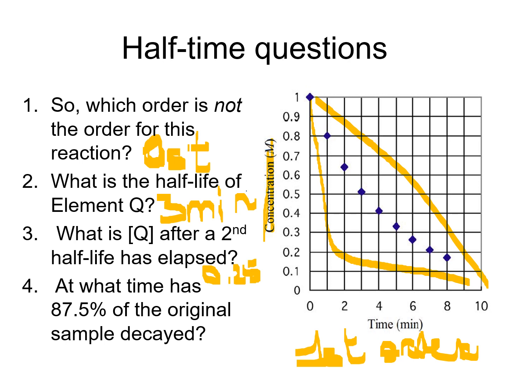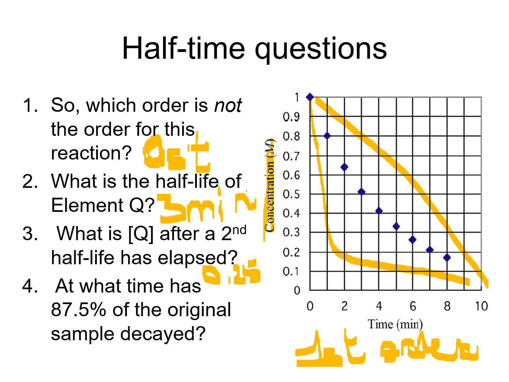At what time has 87.5% of the original sample decayed? Now you may think you need an actual formula to do that, because 87.5 doesn't look like any particular number. But think about that. If you start from 100%, after the first half-life you go down to 50%, and you have 50% left.